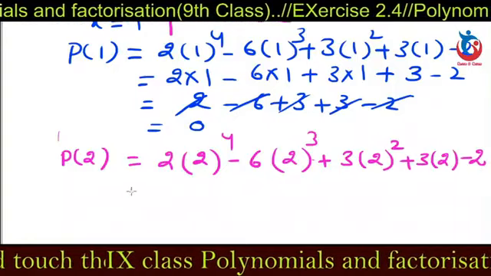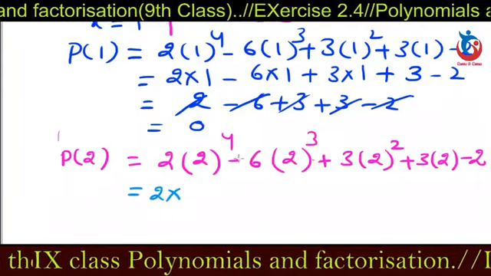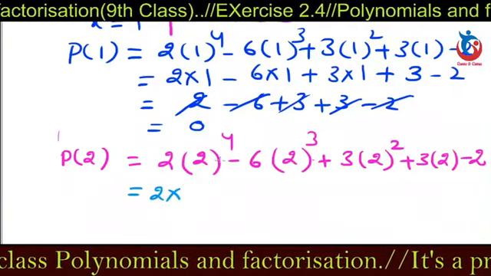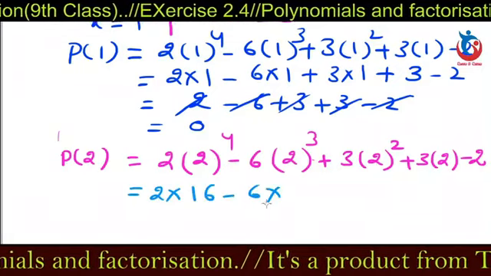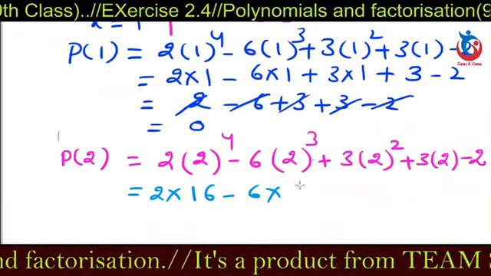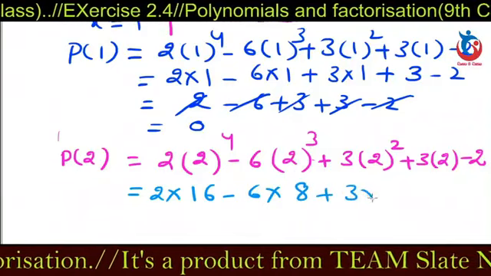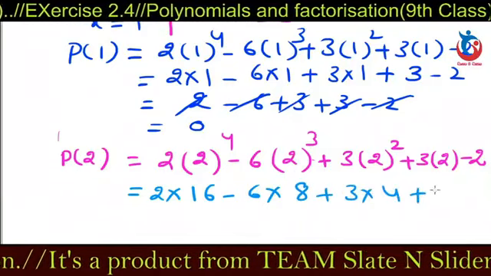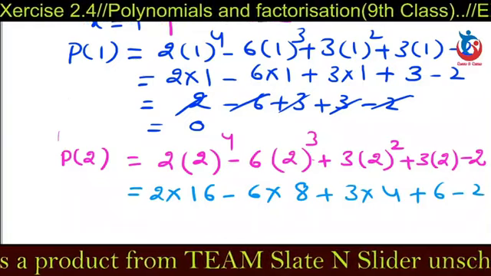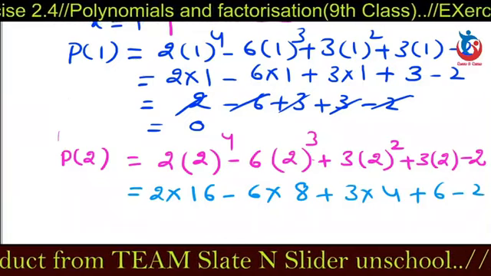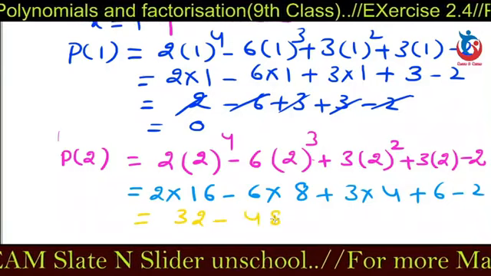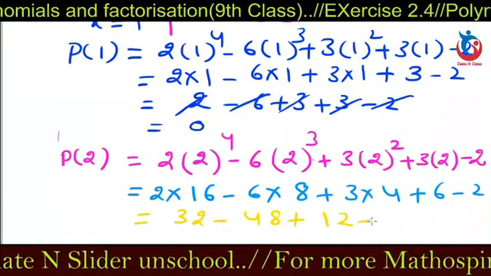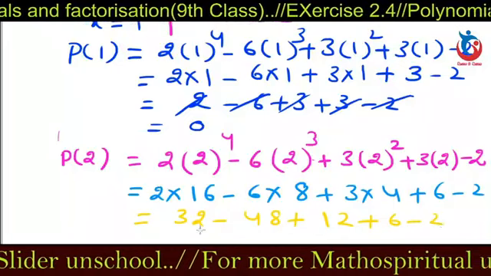So this is equal to 2 into 2 power 4, that is 2 into 2 into 2 into 2, 4 times, so it is 16, minus 6 into 2 cube, 2 into 2 into 2, that is 8, plus 3 into 2 square, that is 2 into 4, plus 3 into 2, 6, minus 2. 2 into 16, 32, minus 6 into 8, 48, plus 3 into 4, 12, plus 6, minus 2.